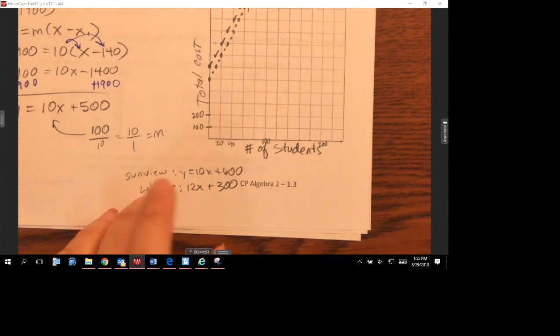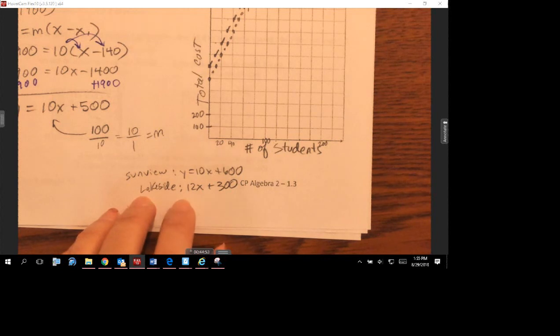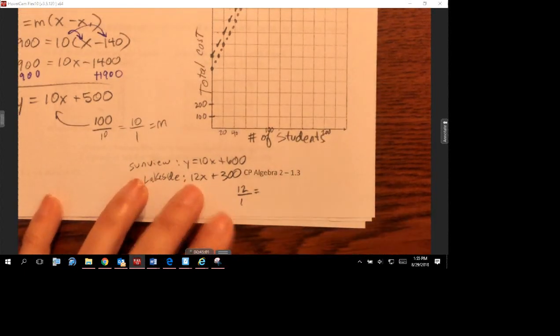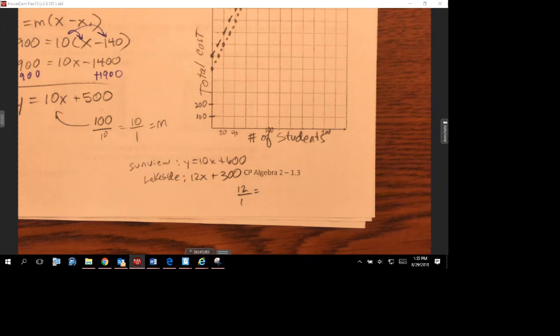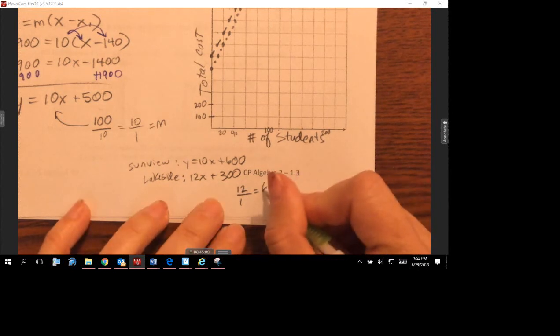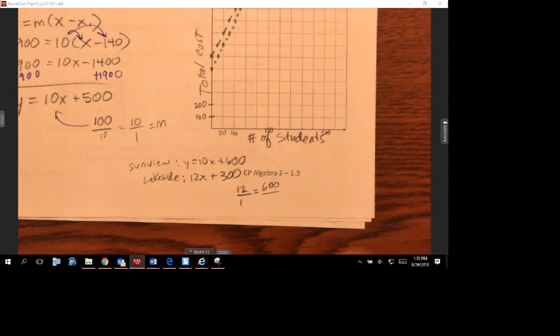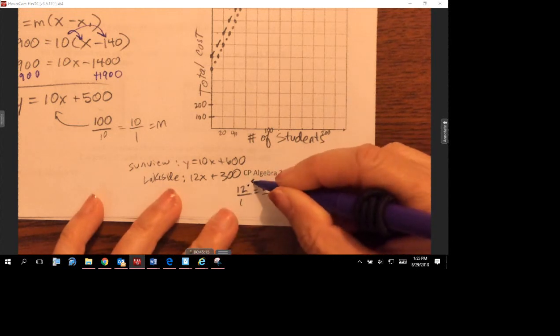What does 12 go into? 12 over 1. I was trying to think like hundreds. 12 goes into 60. So it goes by 600 over what number? I'm going to have to multiply that by 50.